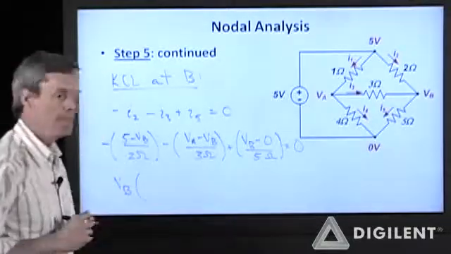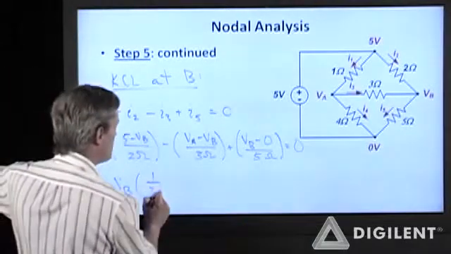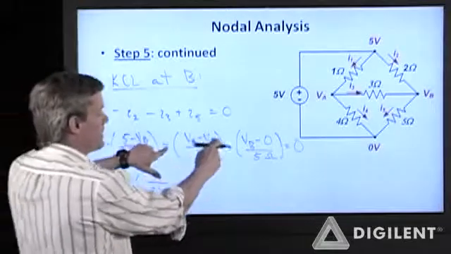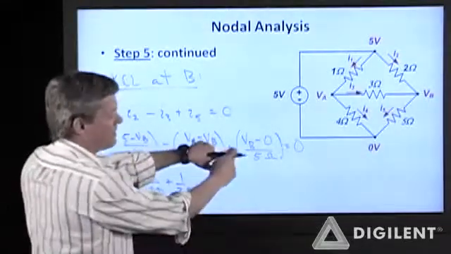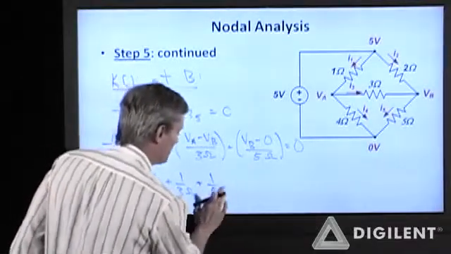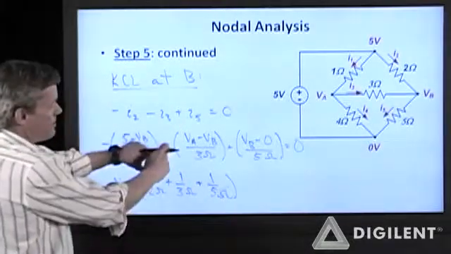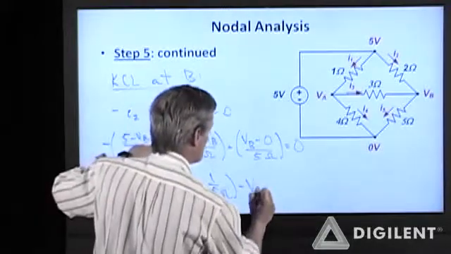Now let me pull out the multiplicative factors on VB. So VB multiplies a negative times a negative is a positive, so I have a 1 over 2 ohms. This VB is a negative times a negative becomes a positive, which is a 1 over 3 ohms. This VB is a positive 1 over 5 ohms. VA multiplies a negative 1 over 3 ohms.